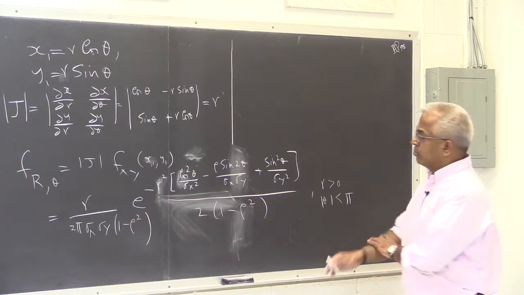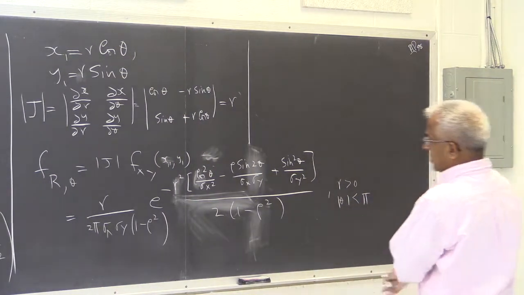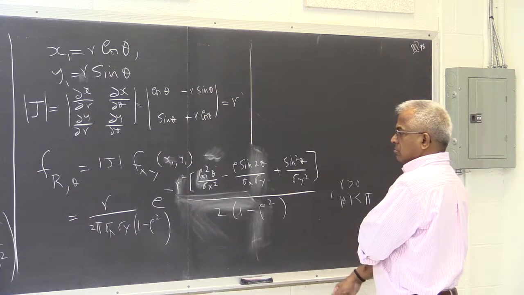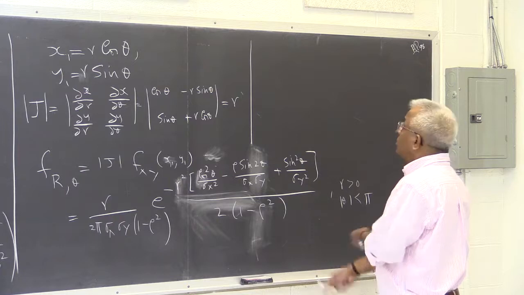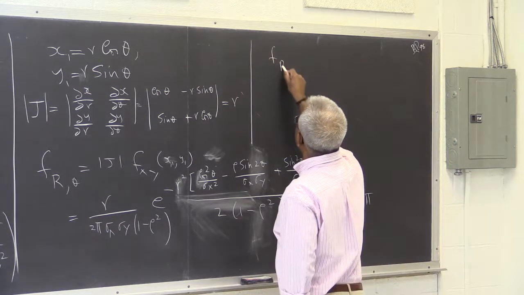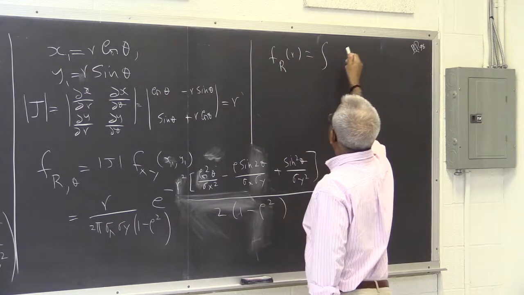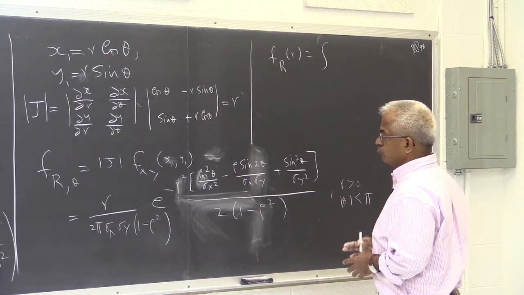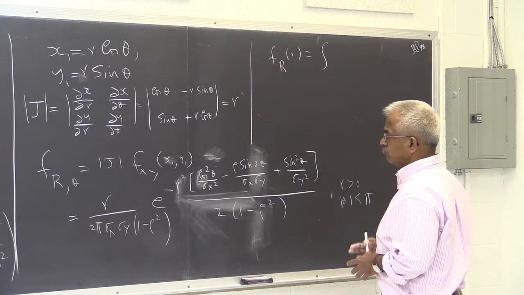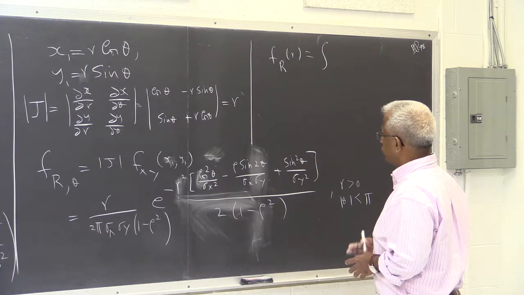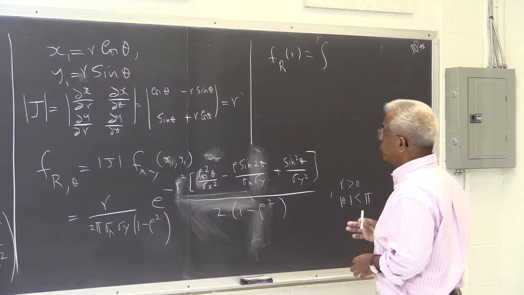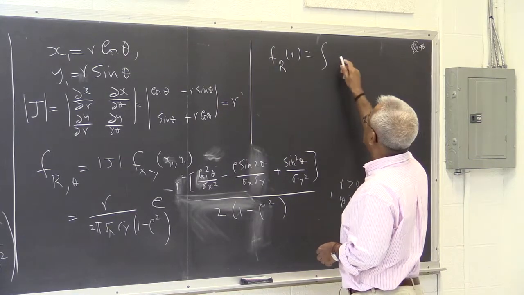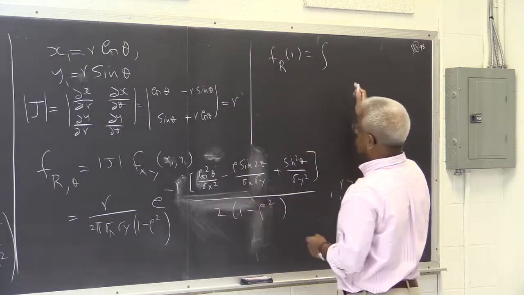Now we can find out the marginal density function of each. To find out f of r, we need to integrate out theta, right? The whole thing is going to look like r squared multiplied by this quantity.